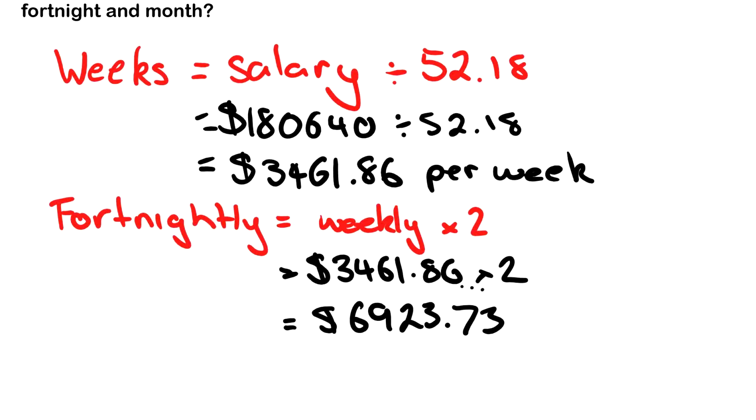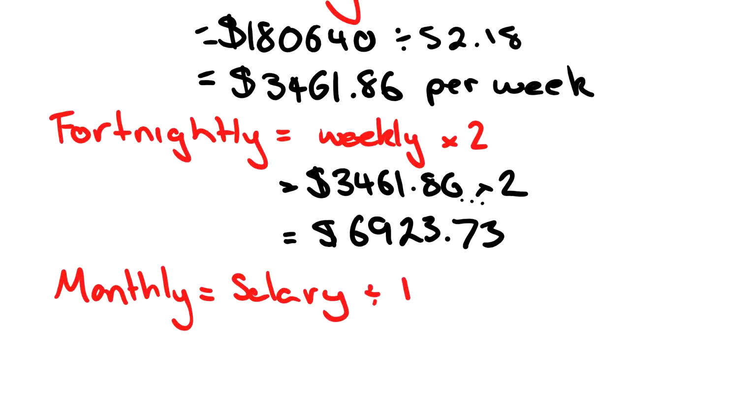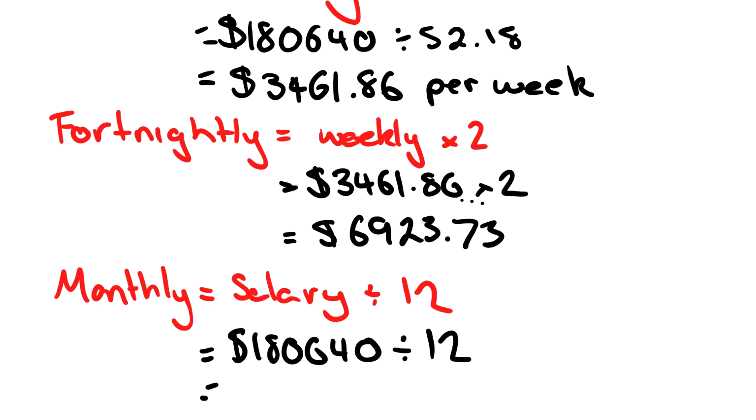There were decimal places back here that I'm just continuing on through the calculator using the answer button to make it more accurate. Now if we're doing monthly, we can go the salary divided by 12. 180,640 divided by 12, and we get $15,053.33.